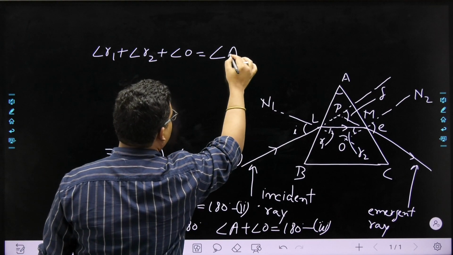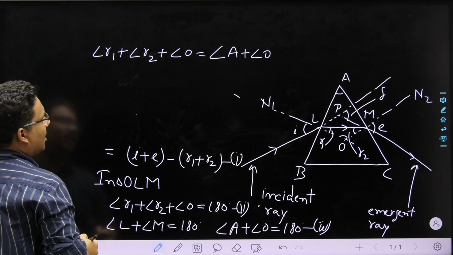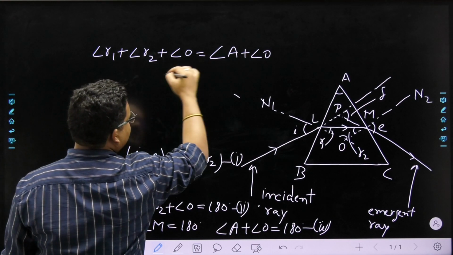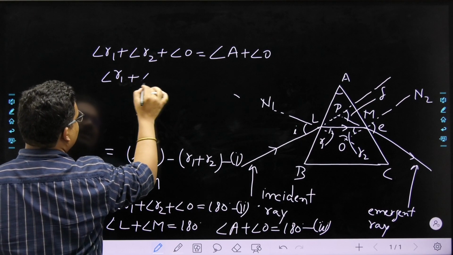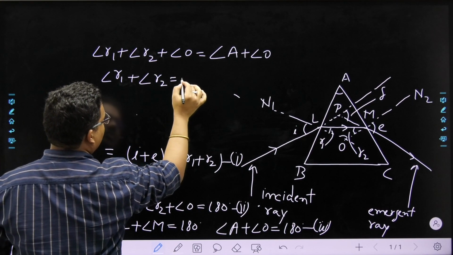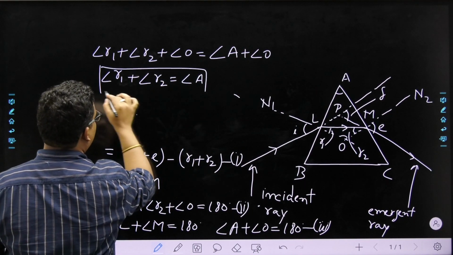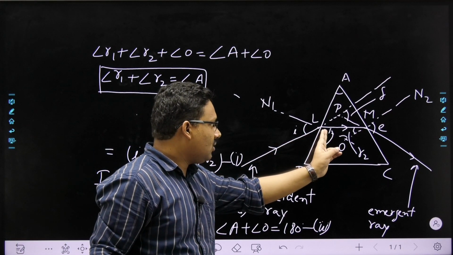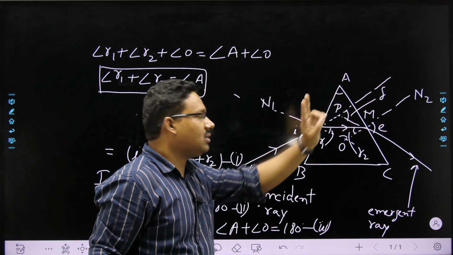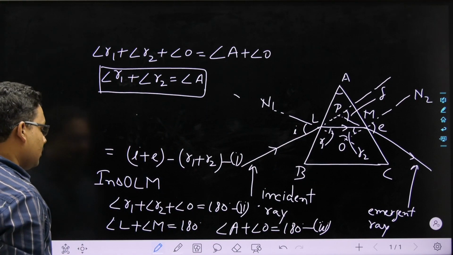O and O will cancel out from both sides. So we will get angle R1 plus angle R2 equals angle A. So this is the relation: R1 plus R2 is equal to the angle of the prism. Okay, this is clear.